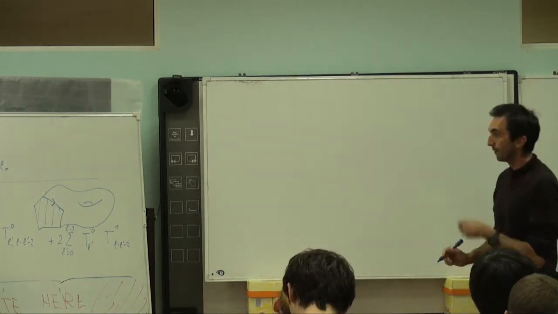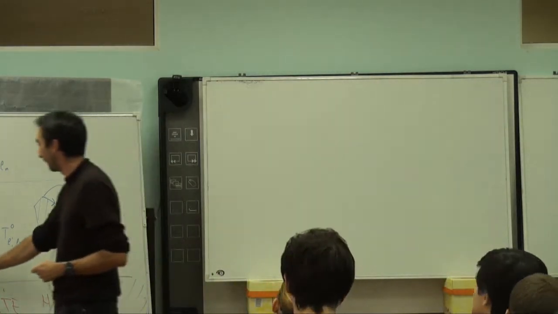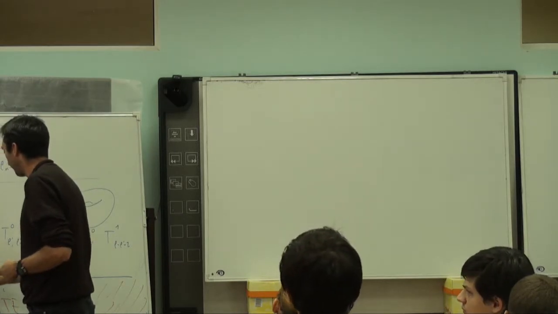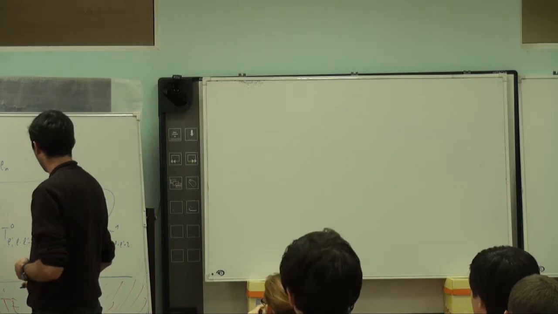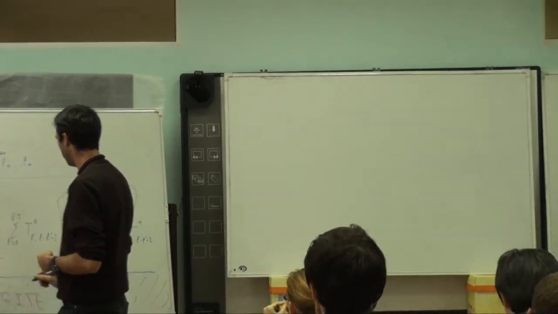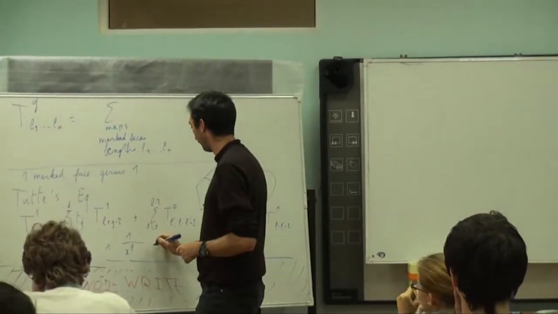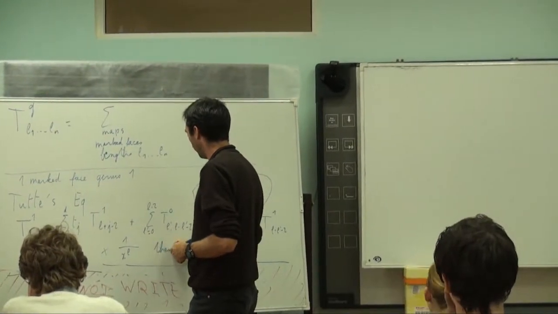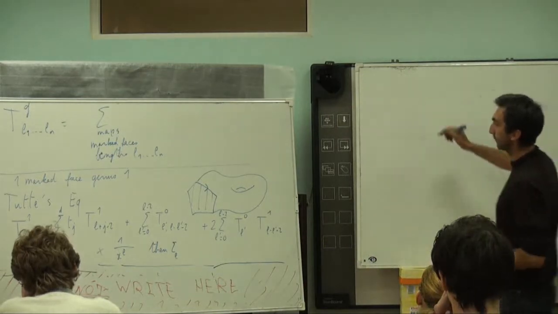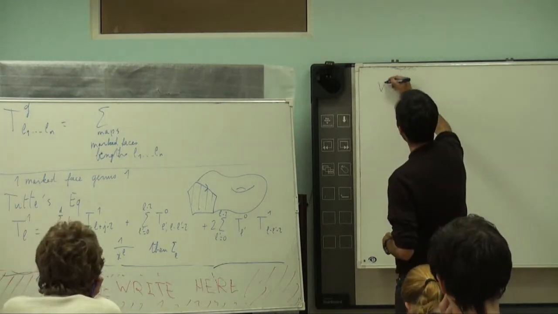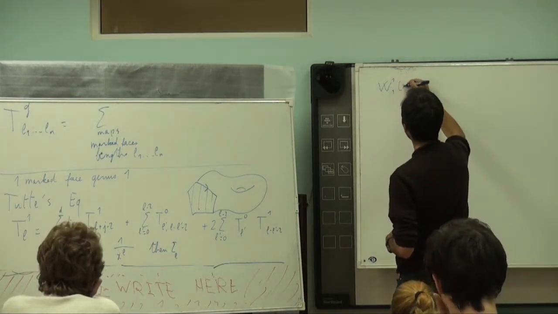If you multiply this by 1 over x to the L, and then sum over L, what you will get is the equation for the function which I called W_1^1 of x.